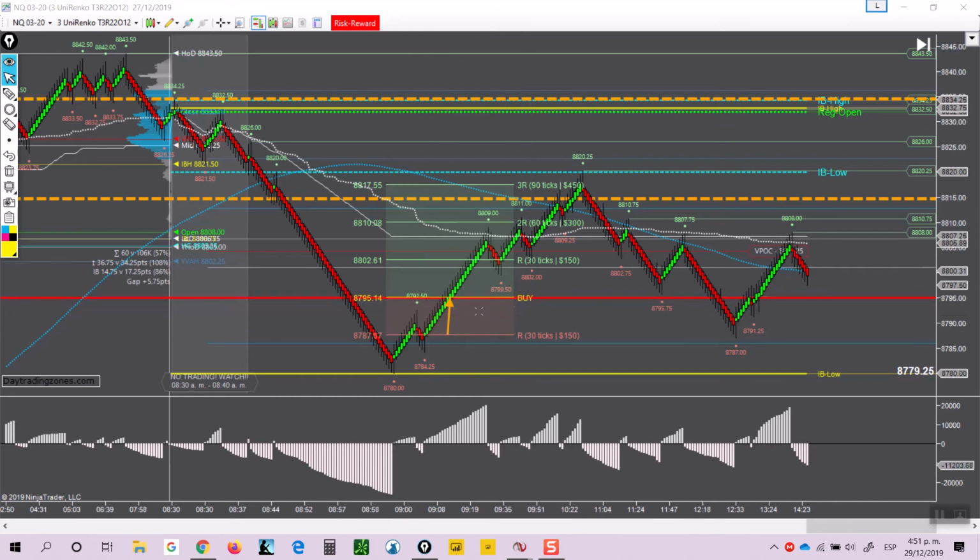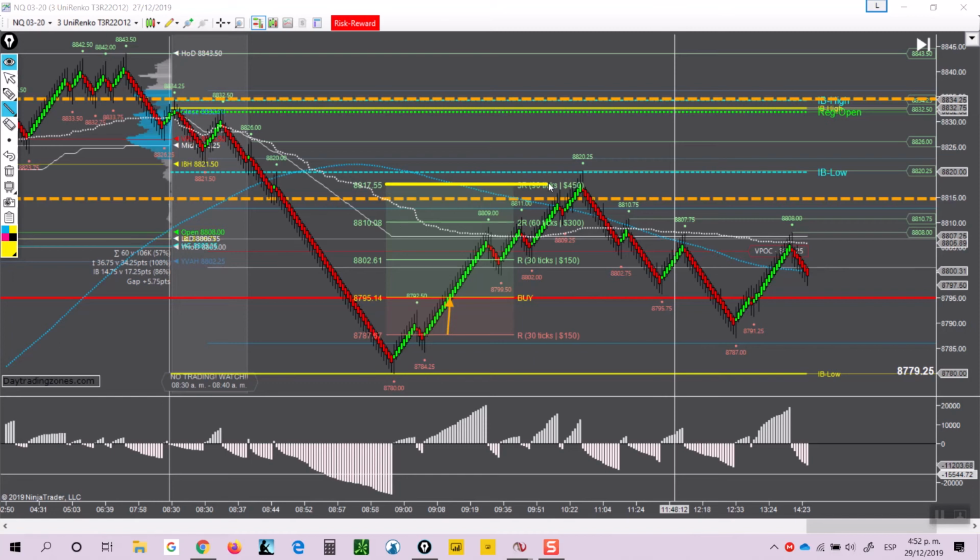Because I'm risking just 150 here, and 3 times that 150, meaning 3 to 1, is just 90 ticks. I'm risking 30 ticks to make 90 ticks, and I reach those 90 ticks pretty fast, as you can see here. I hope you can see it. Price really touched that level.